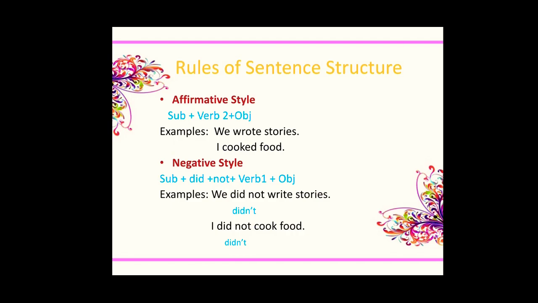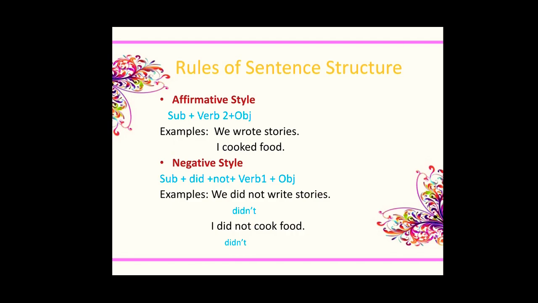You can see here that we are using the first form of the verb because we have used the helping verb did. An example would be, we did not write stories, or in contracted form you can say we didn't write stories. Another example, I did not cook food, or you can say it this way also, I didn't cook food. I hope you understood it.